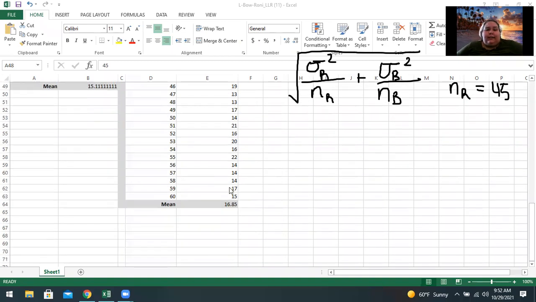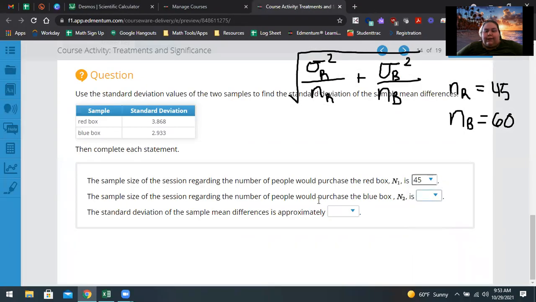Now, if we take a look under the blue box, they had a sample size of 60. So they set that to be n of 2, or what I'm going to do is set this up as n of b for 60. So going back to the problem here, n1, we have 45. Again, that's just pulling information from the Excel spreadsheet. Then we're going to have 60.